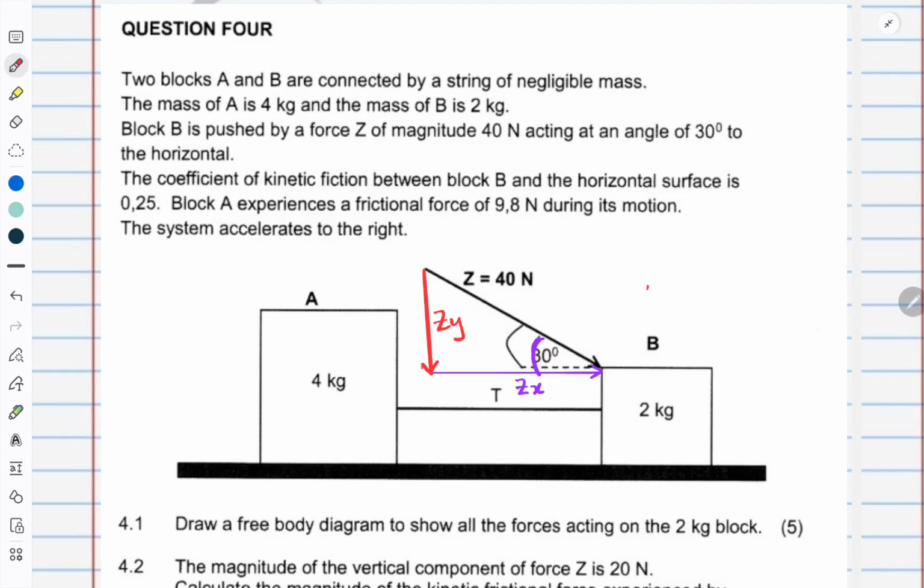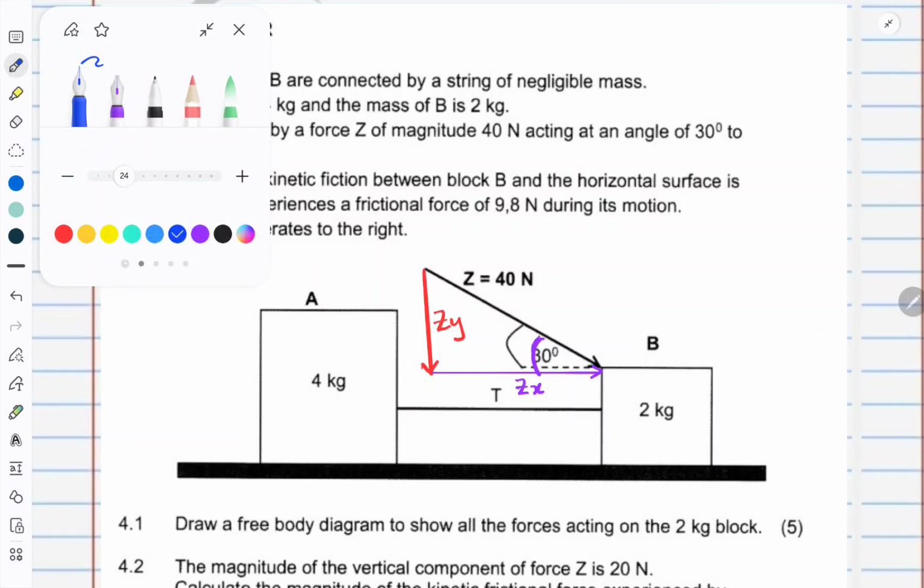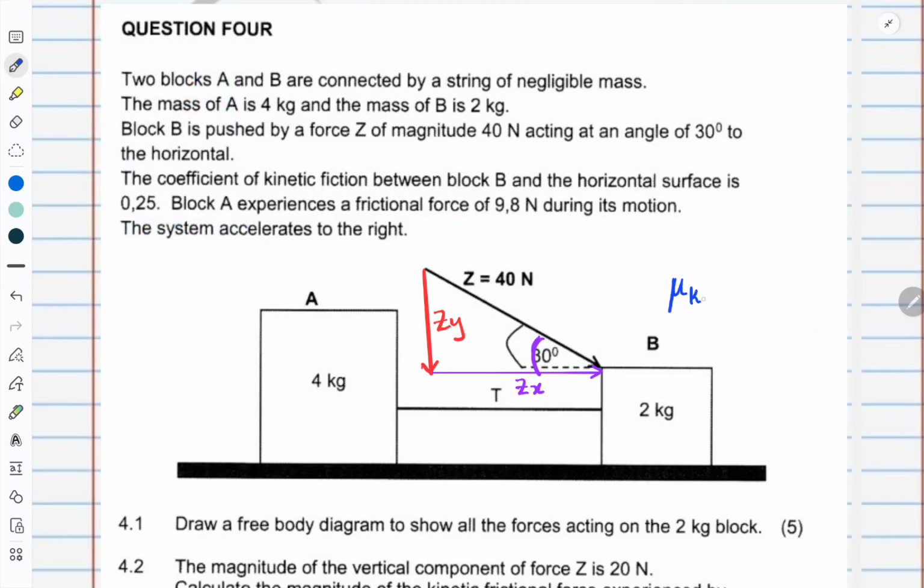So for block B we have mu K being 0.25. For block A, instead of giving us a coefficient of kinetic friction, they gave us the magnitude of the kinetic friction itself, so we are fine there. We know that for A, our FK here would be 9.8.